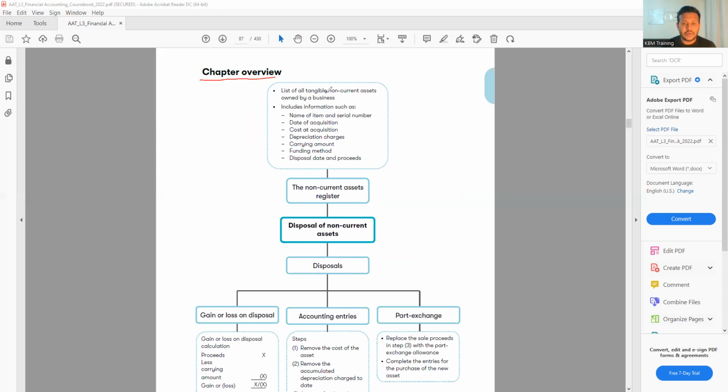Tangible means the assets we can physically see or touch, for example furniture, computer, car, land and building. So any asset that we can physically see or touch, we call tangible.